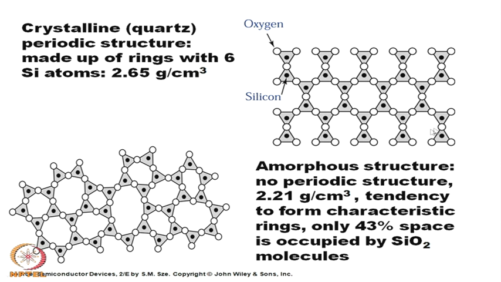This is known as quartz, and the other is the amorphous structure, because there is no periodic structure. Here a periodic structure is formed, there no periodic structure is formed. In all cases it is made up of 6 silicon atoms, and there is a tendency to form the characteristic ring, but no periodic structure is formed.